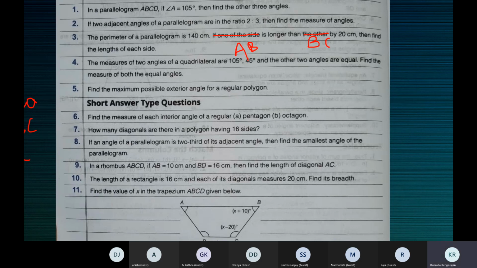What about Devadarshini and Anish? Ma'am, I'm doing the 5th question, ma'am. Fifth one, huh? Okay. Anish, what's the formula to find the number of diagonals of a polygon?